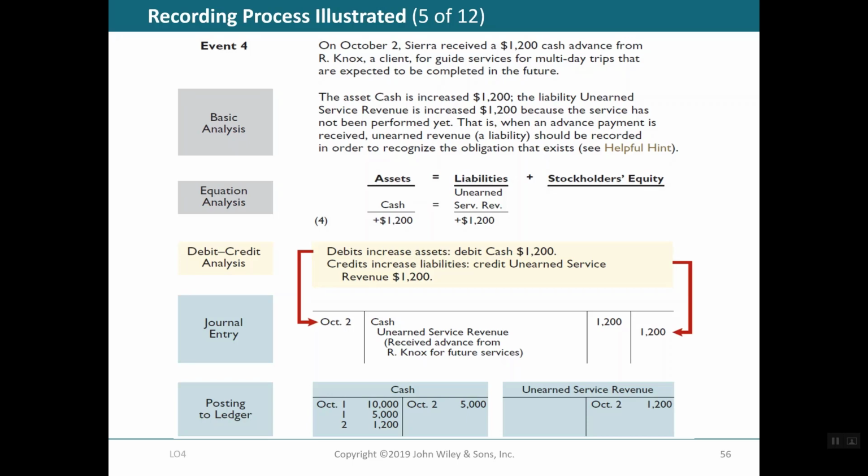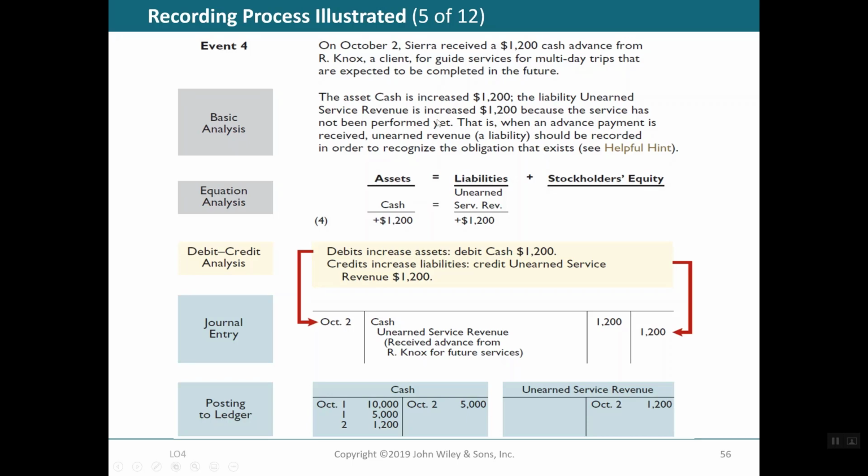The liability unearned service revenue is increased 1,200 because the service has not yet been performed. When an advance payment is received, unearned revenue should be recorded in order to recognize the obligation that exists. Okay, so we explained that before. Because they have not performed it, it's still a liability to them.